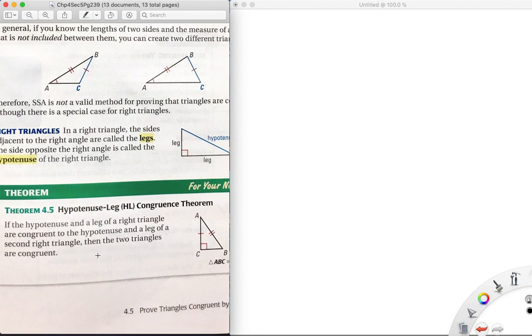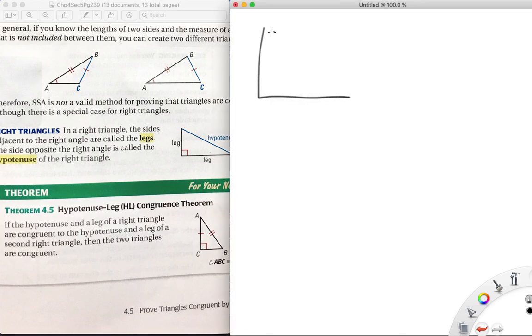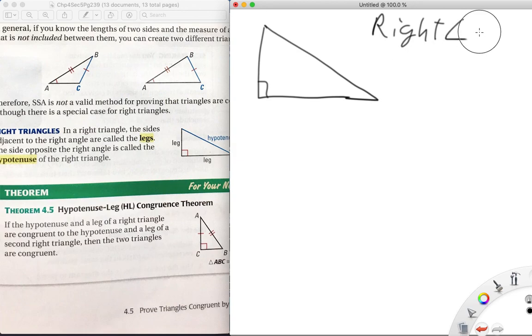So a right triangle is a triangle with one 90-degree angle. And these guys on the side here are called legs.